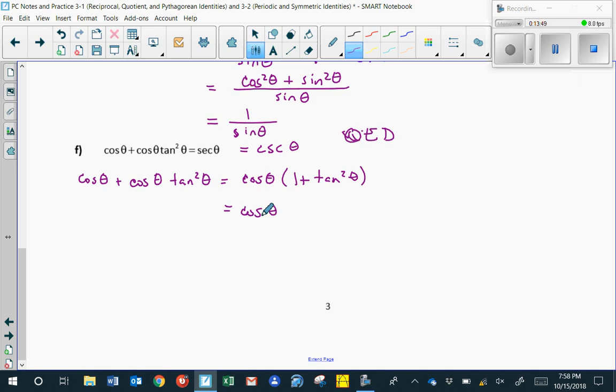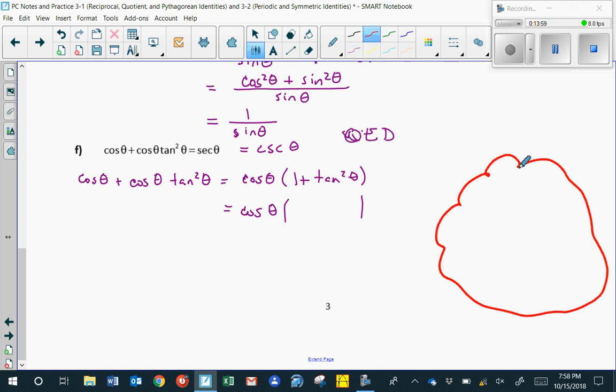Now, there's something that we can do to replace that 1 plus tangent squared of theta. So let's take a little detour over to the side and remember our Pythagorean identities, because since tangent is squared, that makes me think that we might use our Pythagorean identities. So I know that sine squared of theta plus cosine squared of theta is equal to 1.